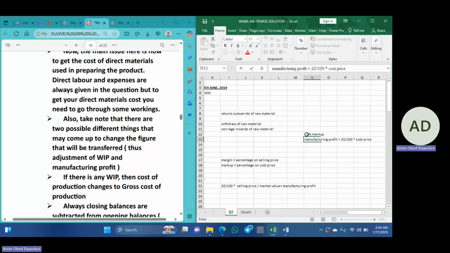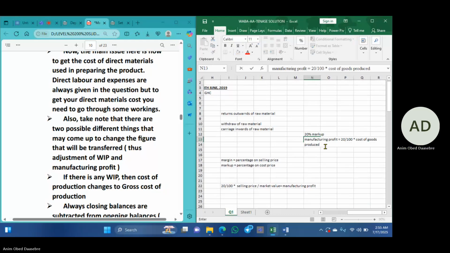If you have a work in progress adjustment, then the cost price figure we are going to use is the second figure that we have calculated, the cost of goods produced in our example. Then you find your manufacturing profit.